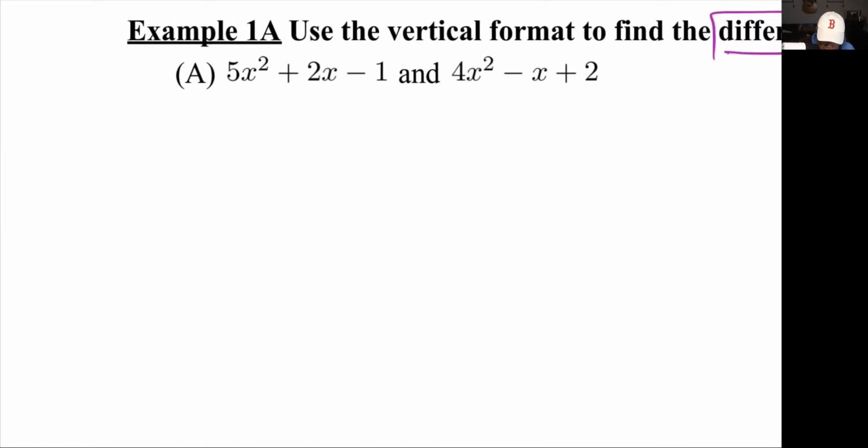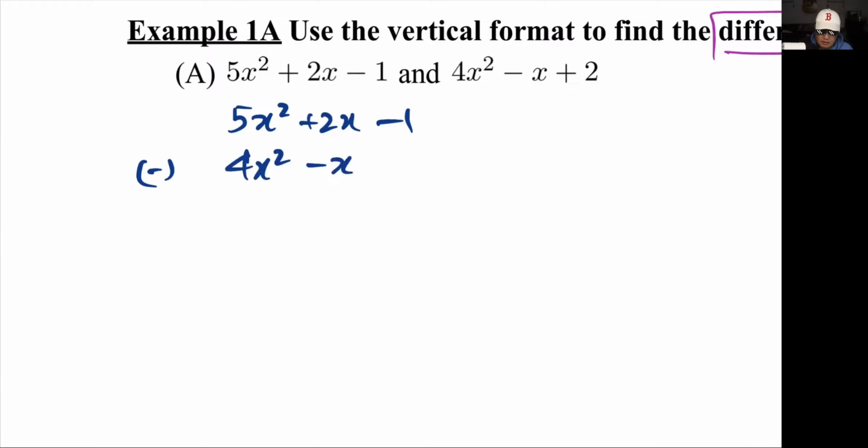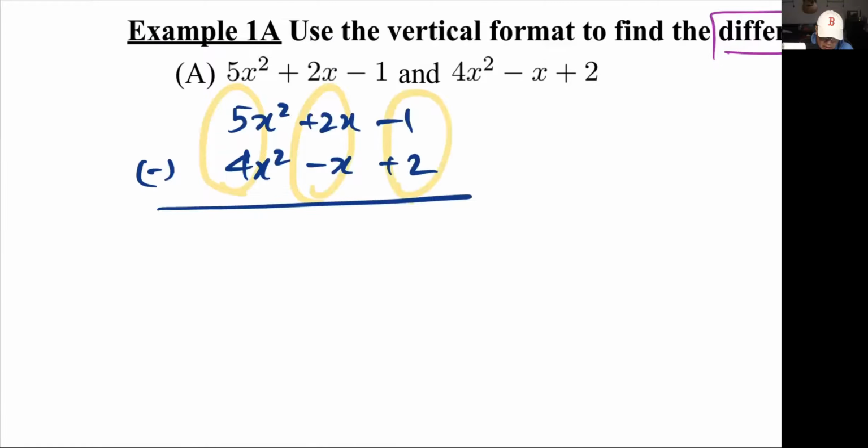Okay, here we go. Similar to earlier, we're just going to copy it in vertical format, 5x squared plus 2x minus 1 minus 4x squared minus x plus 2. You got to be very careful over here, guys. When you're looking at this, we're looking at these two, and these two. It is the top minus the bottom.